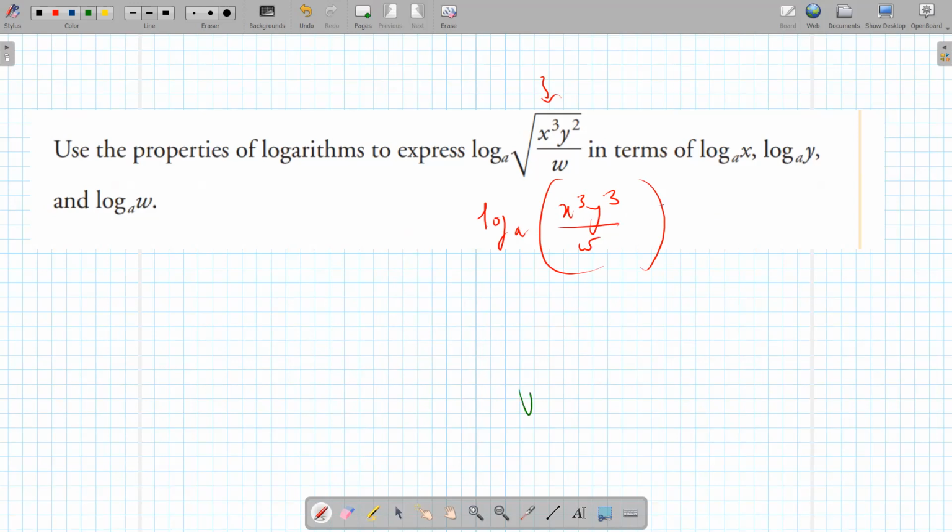If you have a square root, if I want to write that as an exponent, what is it? One over 2. Okay. It would be 1 over 2. Square root is to the power of 1 over 2. What's next? What's the first thing we do here now?